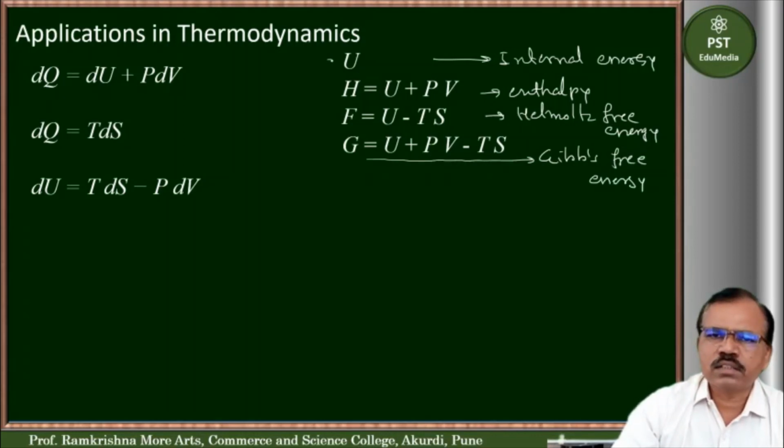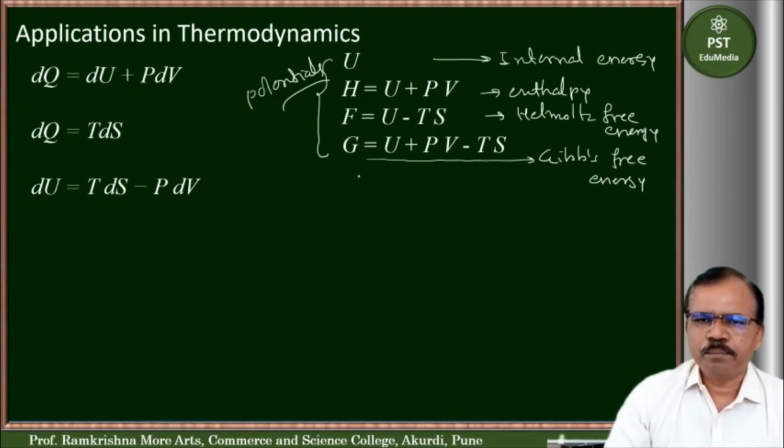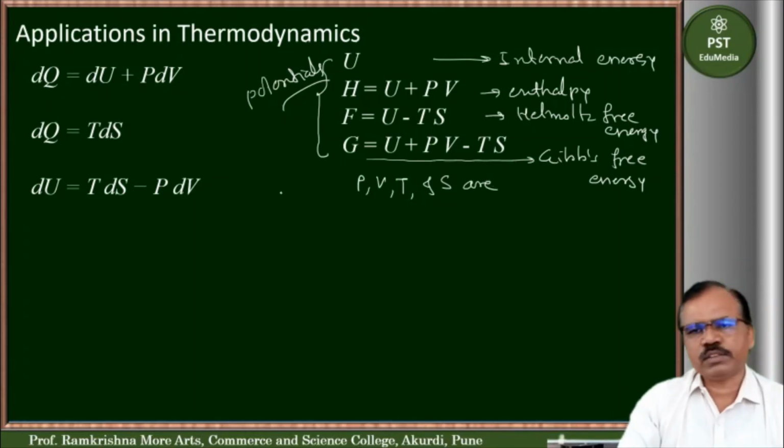These are called thermodynamic potentials. And we have P, V, T and S as variables, thermodynamic variables.